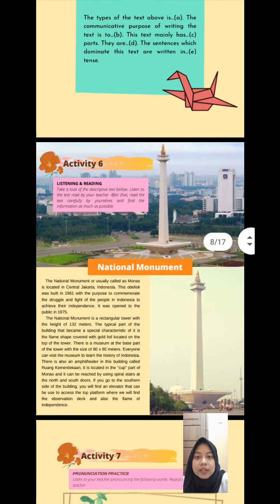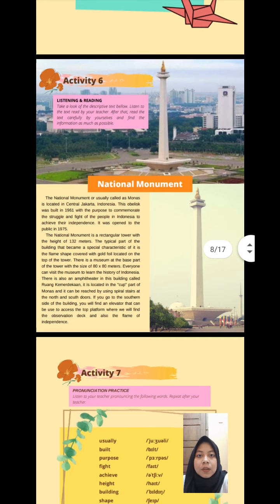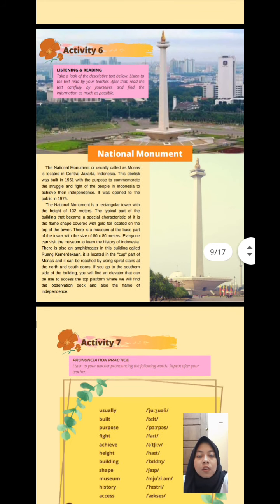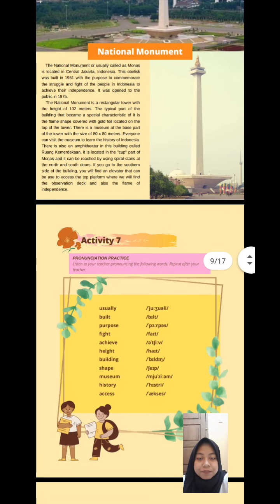For meeting 3, there is activity 6. It's a listening and reading activity, the same as with the text before. Teachers should read this text for students, then students listen to their teacher, and students should read it by themselves.